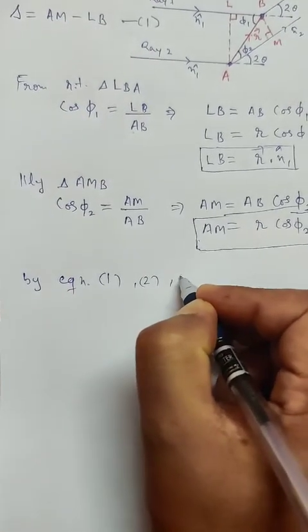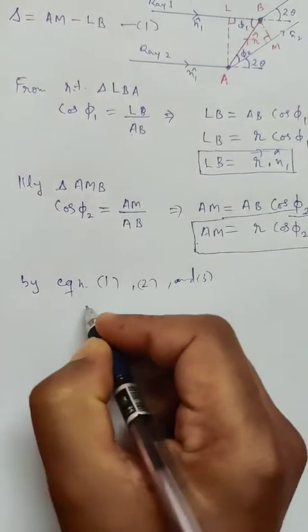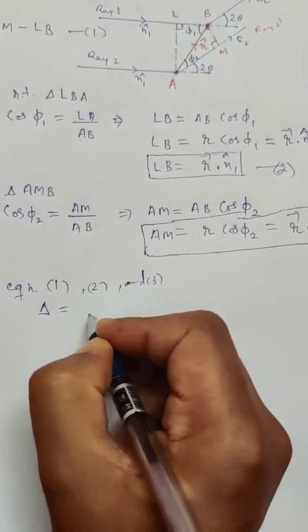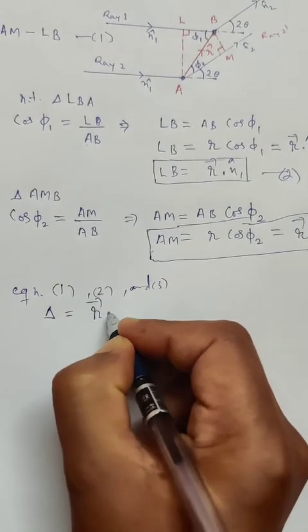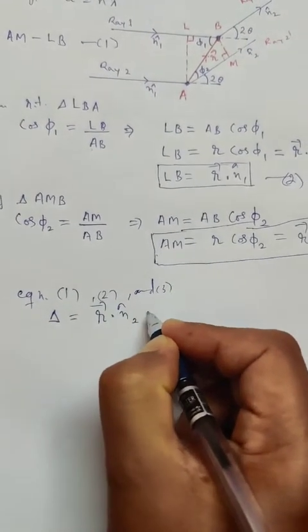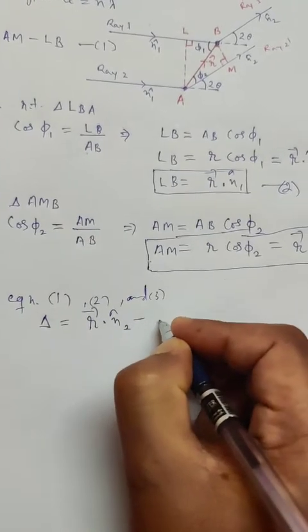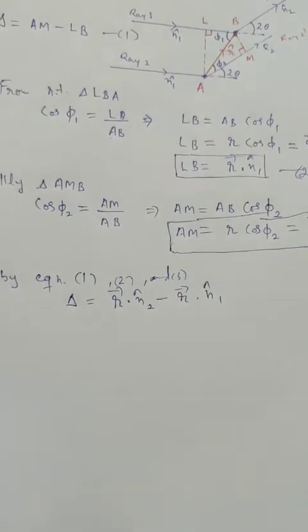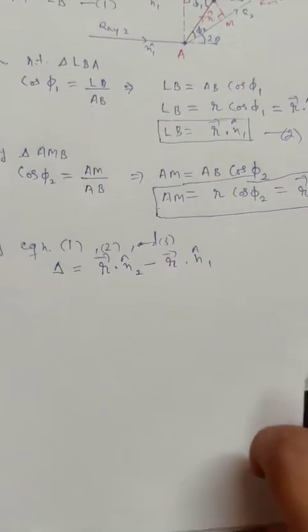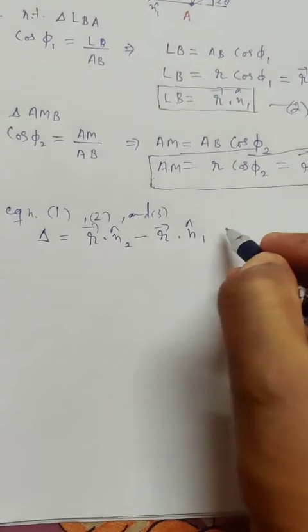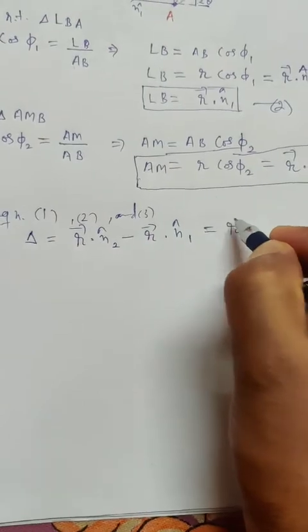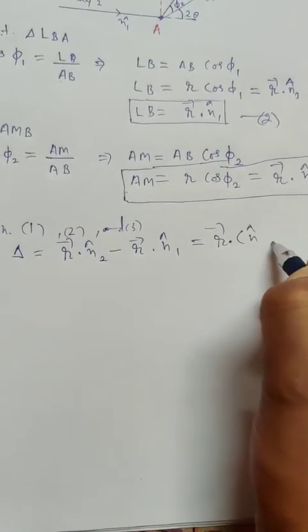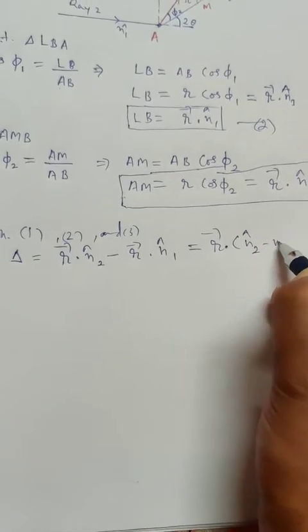We get that the path difference delta is equal to R dot n2 minus R dot n1. This is simple, R is common, so this will be R dot (n2 minus n1).